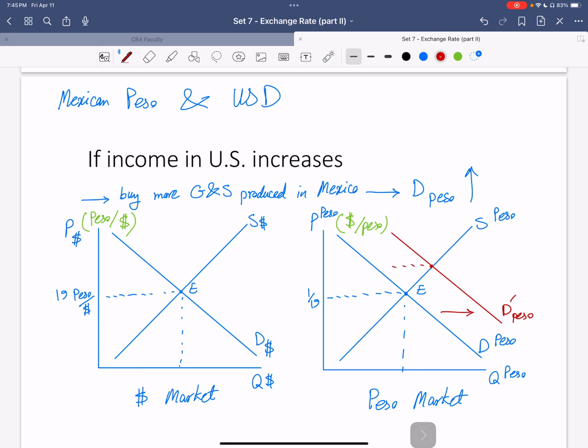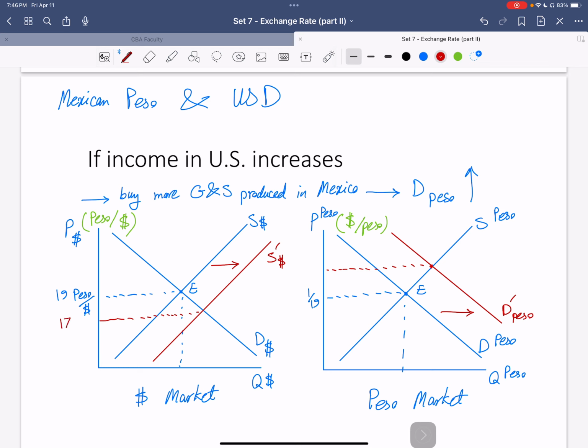We're gonna have an equilibrium which is higher than the previous one. And at the same time, when demand for peso is increasing, US citizens are buying peso in the exchange market, right? So we have more dollars supplied in the market, and the supply shifts to the right in the dollar market.